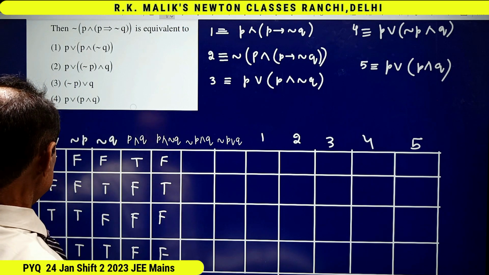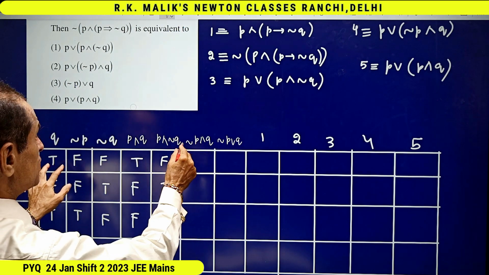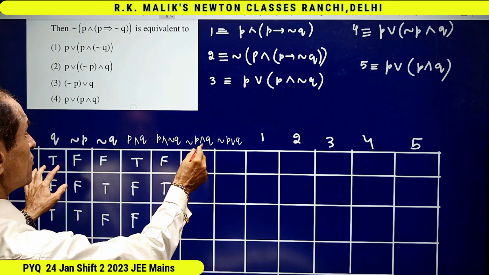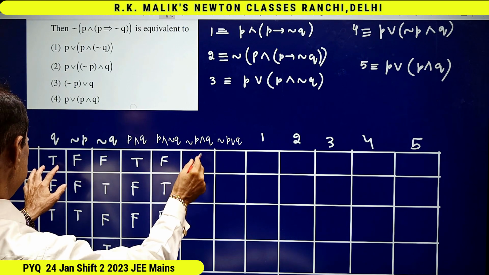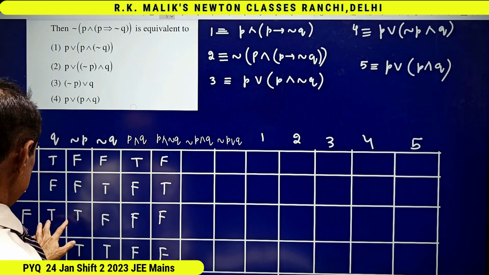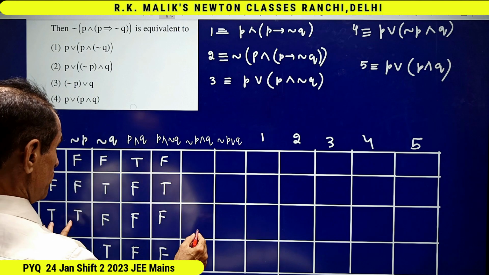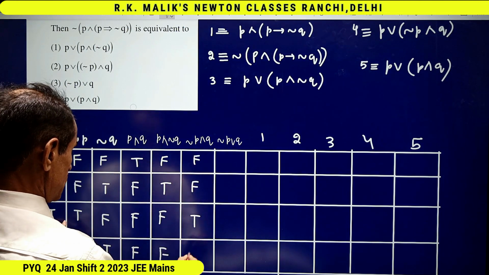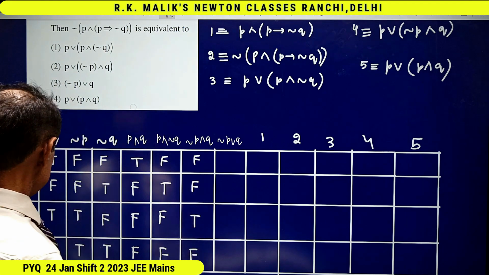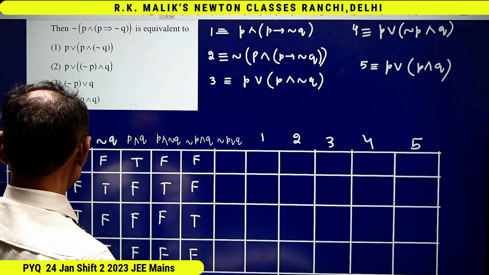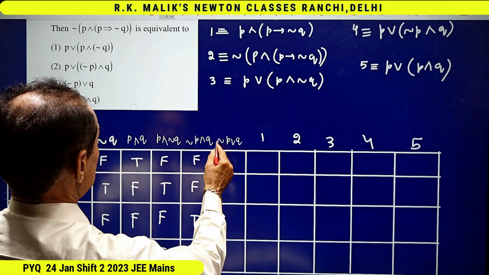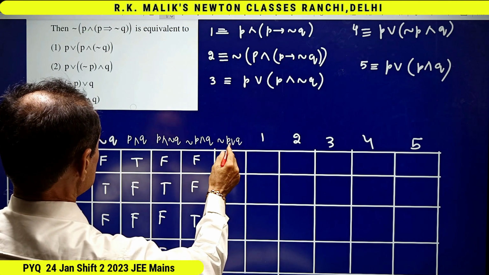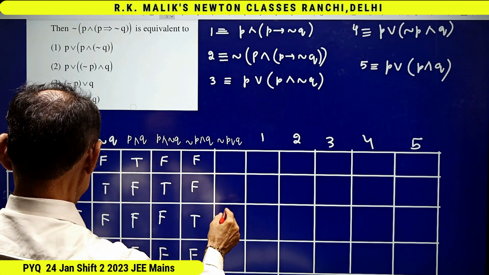Negation P and Q, again it will be true when both are true, otherwise it will be false. Negation P and Q, here it is both true, therefore it will be true here, otherwise it is false. Negation P or Q, it is false only if both are false, otherwise it is true.